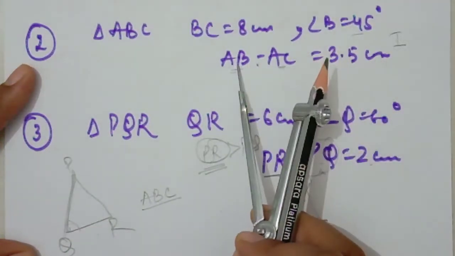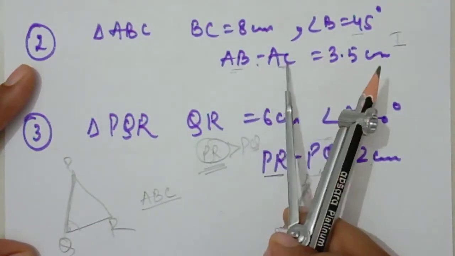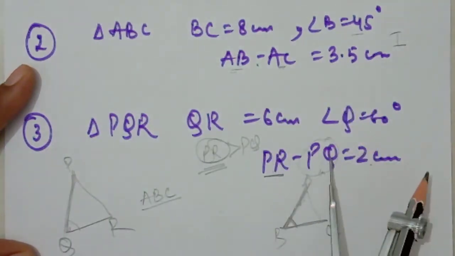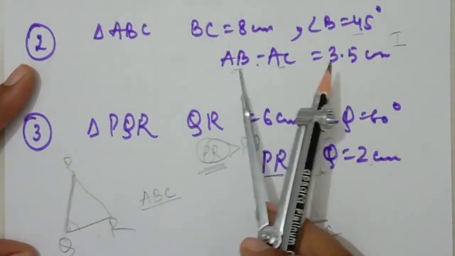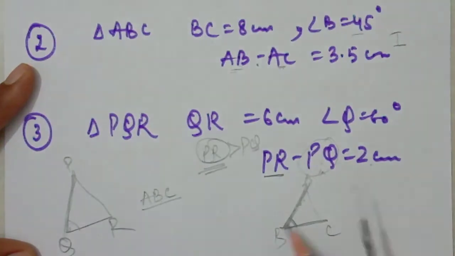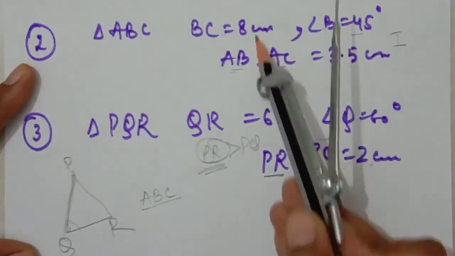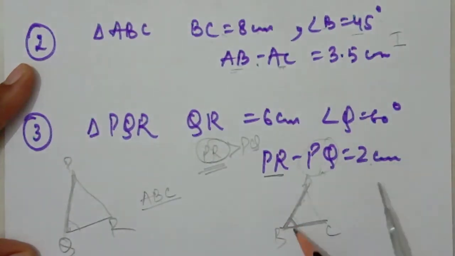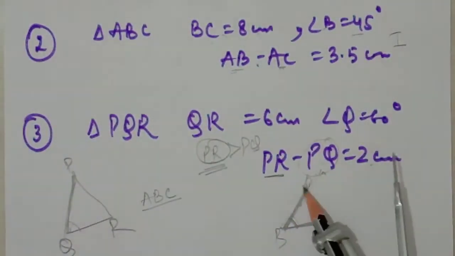We have to draw this side first, compared to AC and PQ. So in this triangle we have to draw AB first, and according to the given information, first BC is given, angle B is given, and then AB is possible because vertex A is here only.